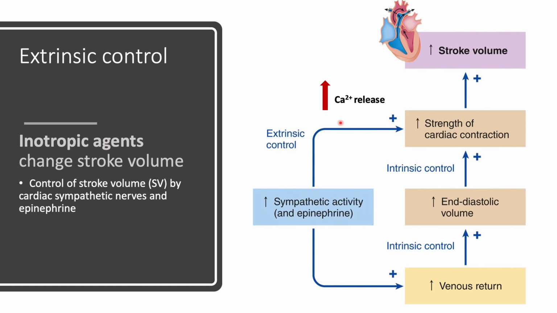We're going to have a sympathetic effect, which ultimately leads to increased calcium release. That is going to lead to direct increased strength of cardiac contraction, and therefore more blood is ejected. We have increased stroke volume. So you can see then we have this extrinsic control of the heart, as well as this intrinsic control of the heart's stroke volume.